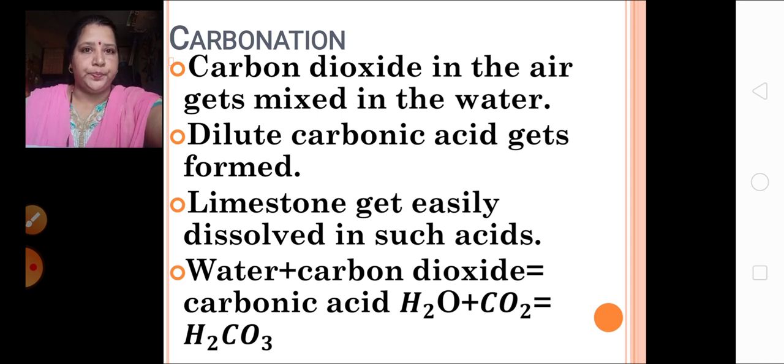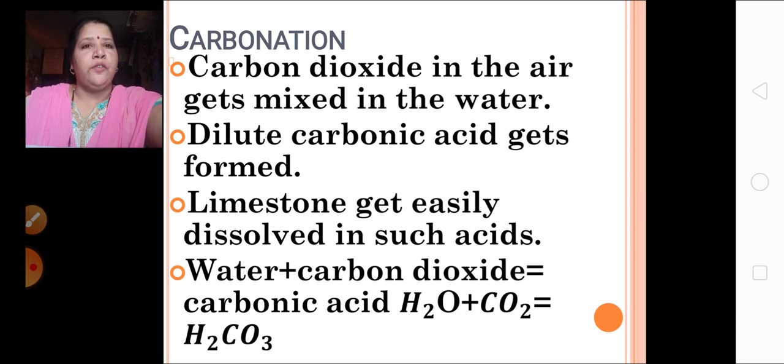The mixture of carbon dioxide in the air and the water coming down becomes dilute carbonic acid. Now limestone is easily dissolved in such a type of acid, that is, dilute carbonic acid.